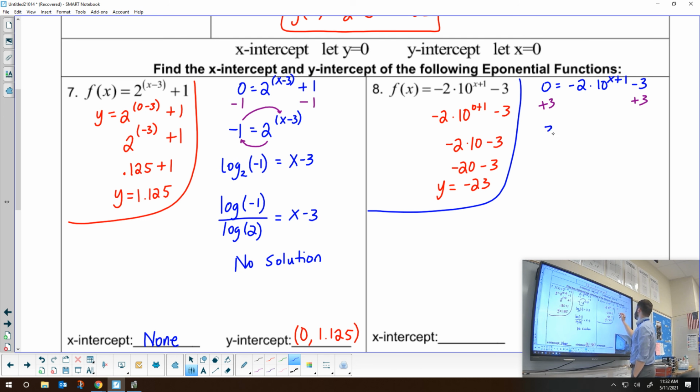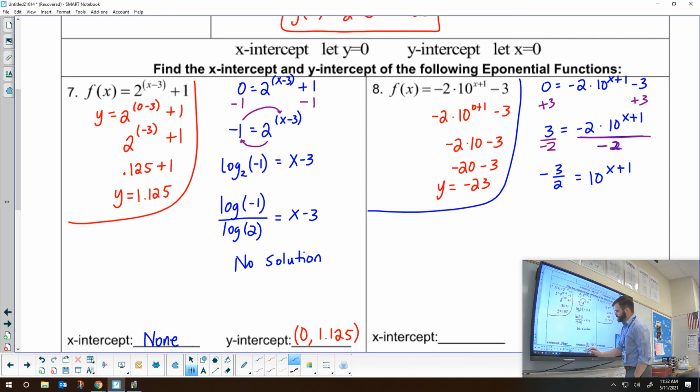Get 3 equals -2 times 10 to the x plus 1. Then I can divide both sides by -2. And then we're going to get -3/2 equals 10 to the x plus 1.